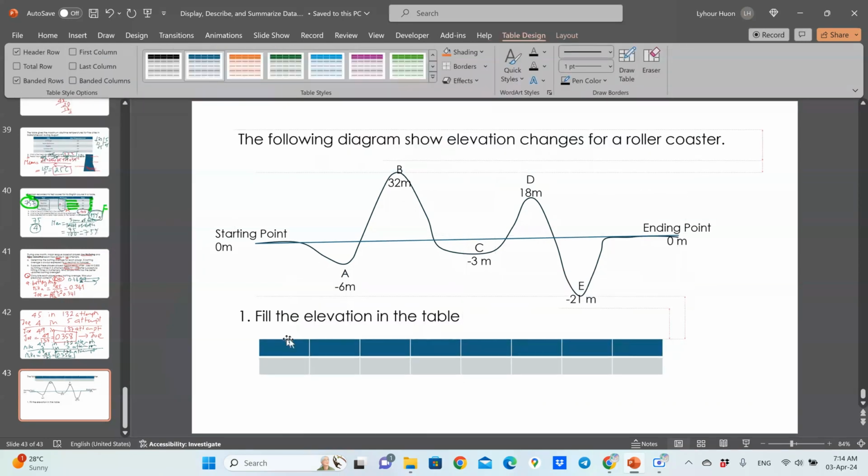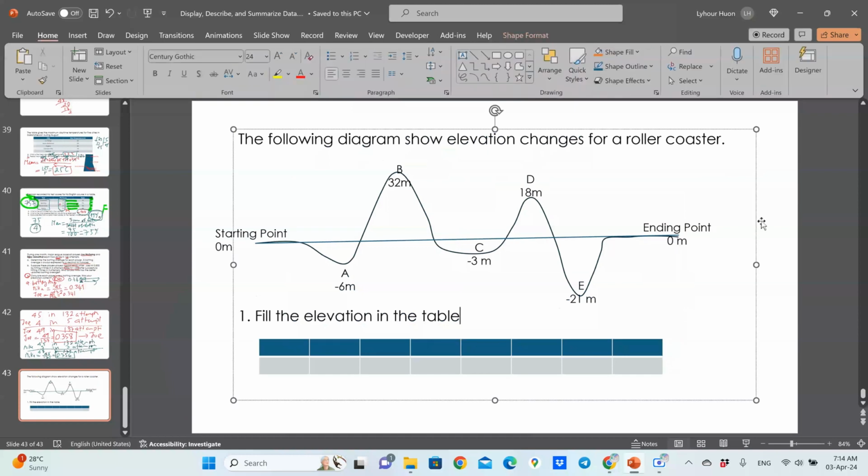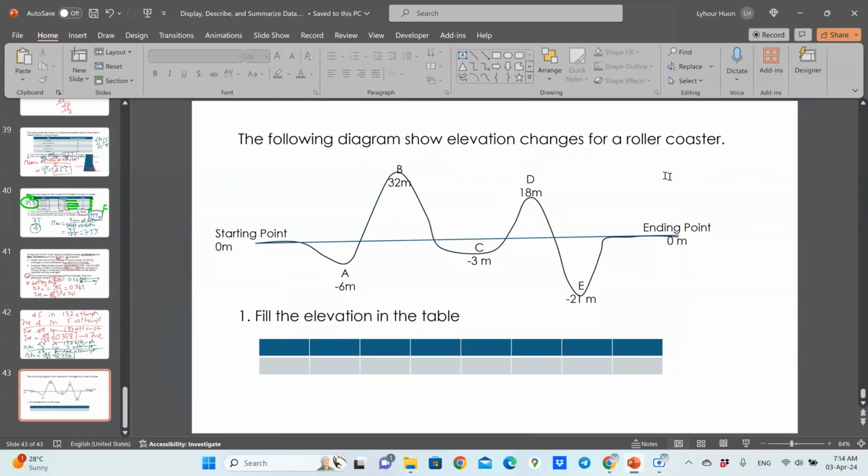So for example, we were given these charts that show the elevations of the roller coaster ride. The starting point is 0 meter, then it goes down to -6 meter, and then goes to point B, 32 meter, and then it goes down again at point C, point D, point E, and the ending point.